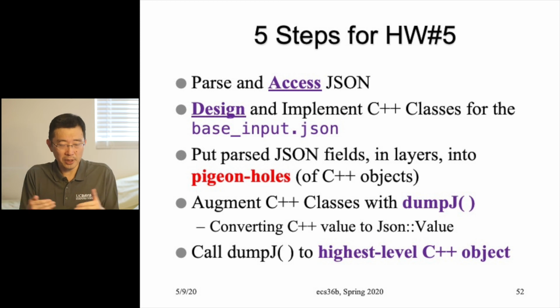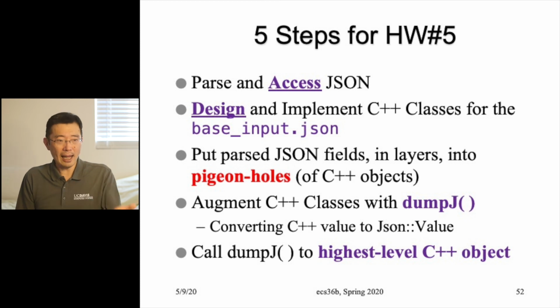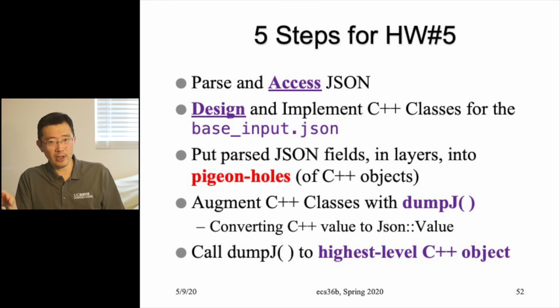And then you have to put this pigeonhole to put the C++ class and this code together, which I showed you an example of with reaction. And then number 4 is important: for every class you create, you have this dump j function for you to reconstruct the JSON at the individual class.